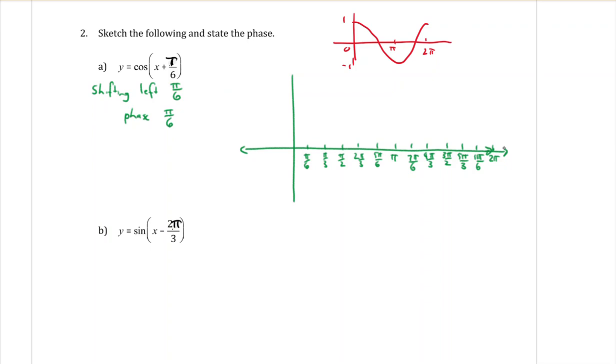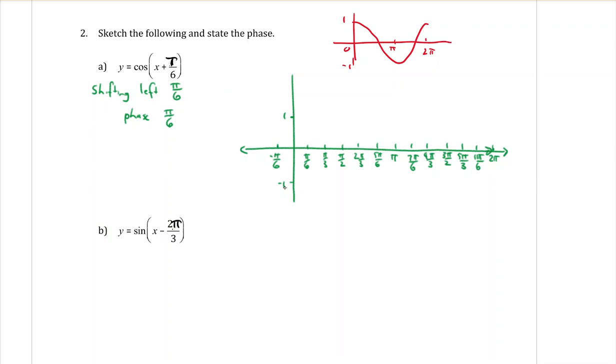Now I am moving this one space to the left, which means I need a negative pi over 6 here as well. All right, my amplitude is going to be 1 and negative 1 because I haven't changed that. Okay, now normally my cos graph starts here. I'm moving it pi over 6 to the left, so I'm just going to move it to there.